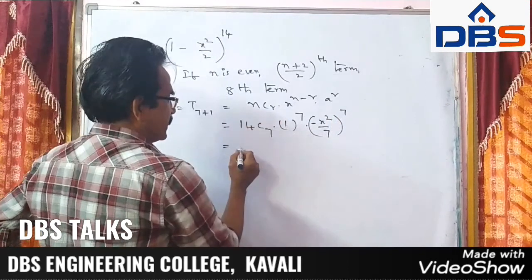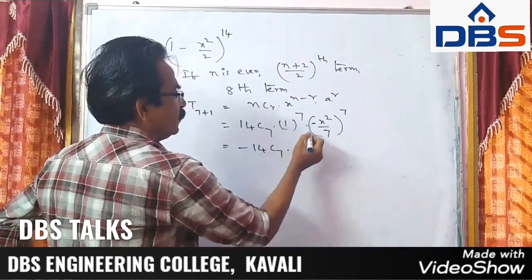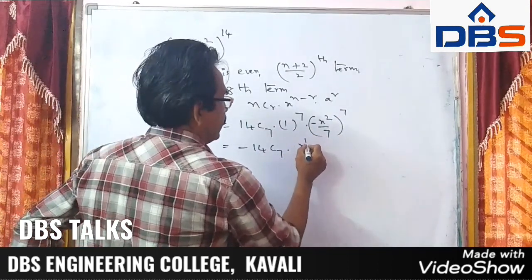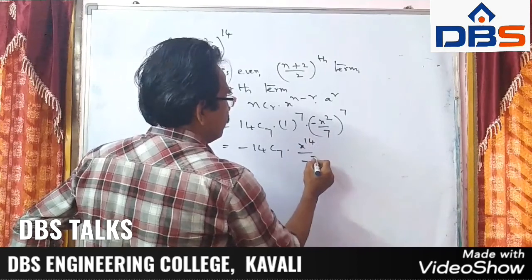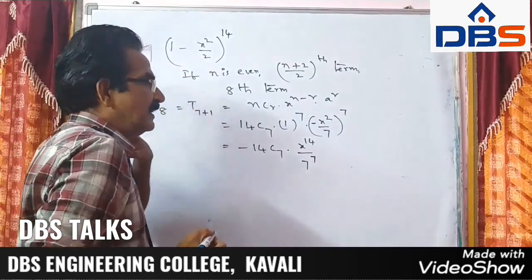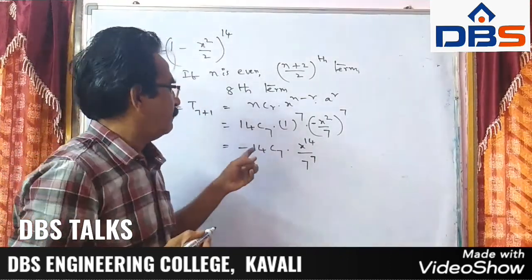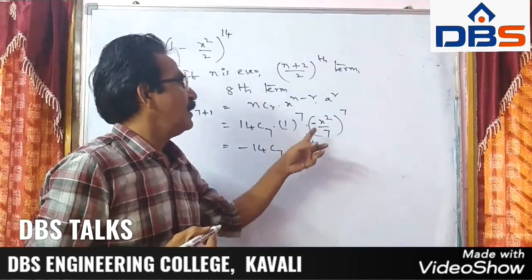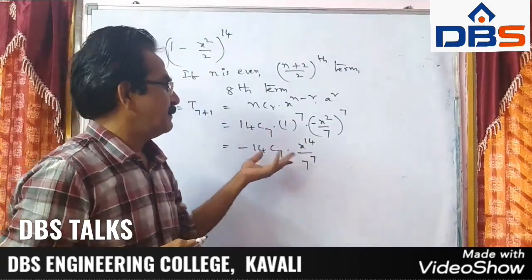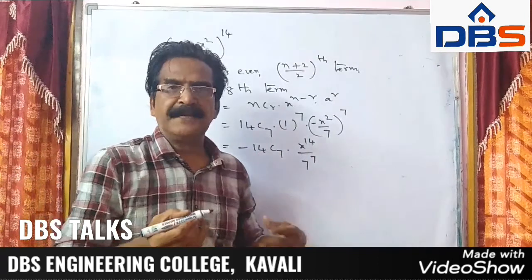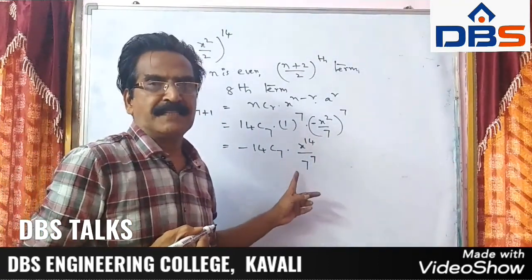So minus 14C7 into x power 14 by 7 power 7. This is the middle term of the expression. You can simplify this further depending on the options given.